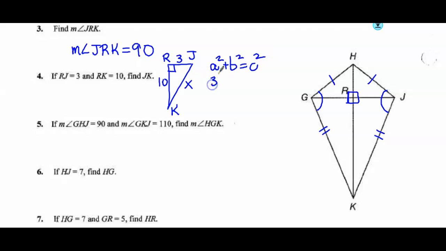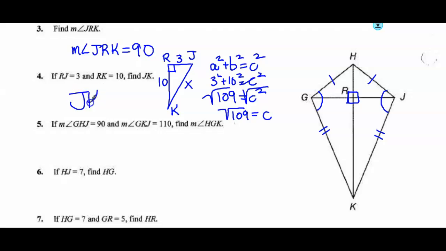So this would be 3 squared plus 10 squared is c squared. 109 is c squared. And to undo squaring, you take the square root. There are no perfect squares in 109. So JK would equal the square root of 109.